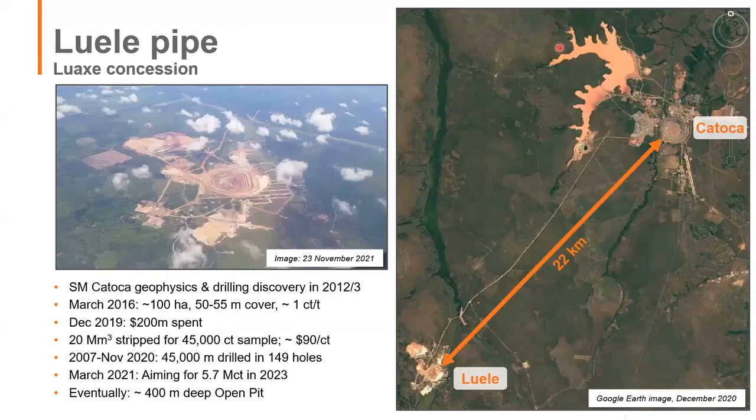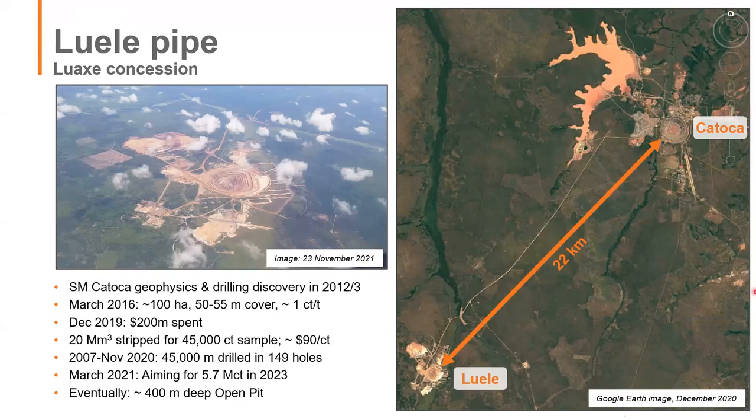Second last slide in my presentation is about the future of Angola and diamonds in Angola, and the future is very closely tied to this kimberlite called Luele. It's on the Luashi concession, so it's known as either Luele or Luashi.